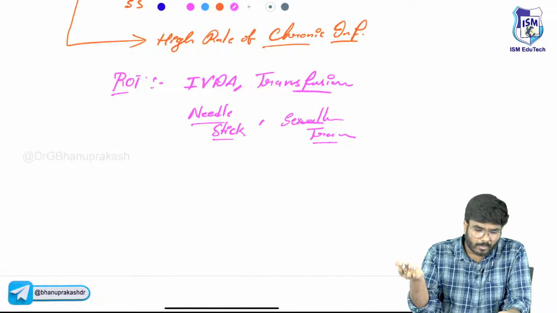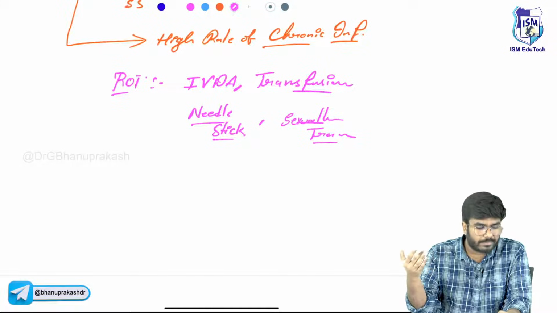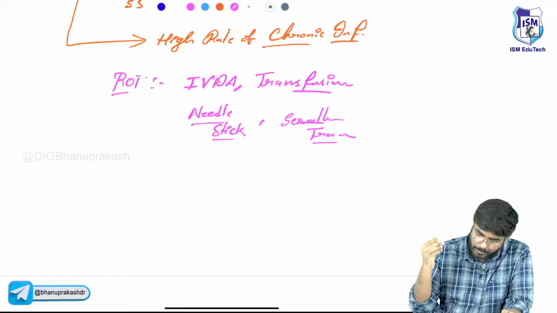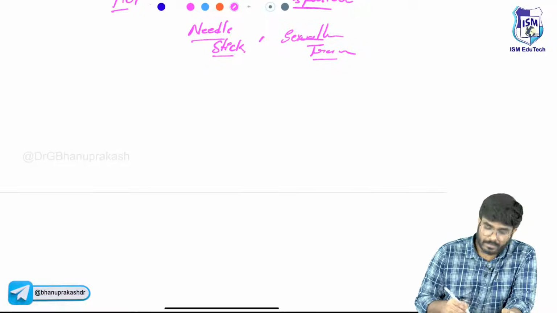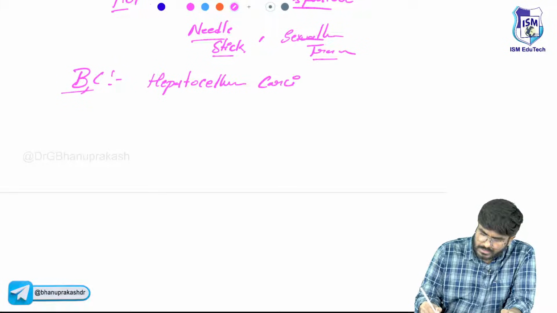Usually this is asymptomatic, but most of the time it will lead to chronic liver disease. B and C, from the beginning I am telling you, increase the risk of hepatocellular carcinoma.